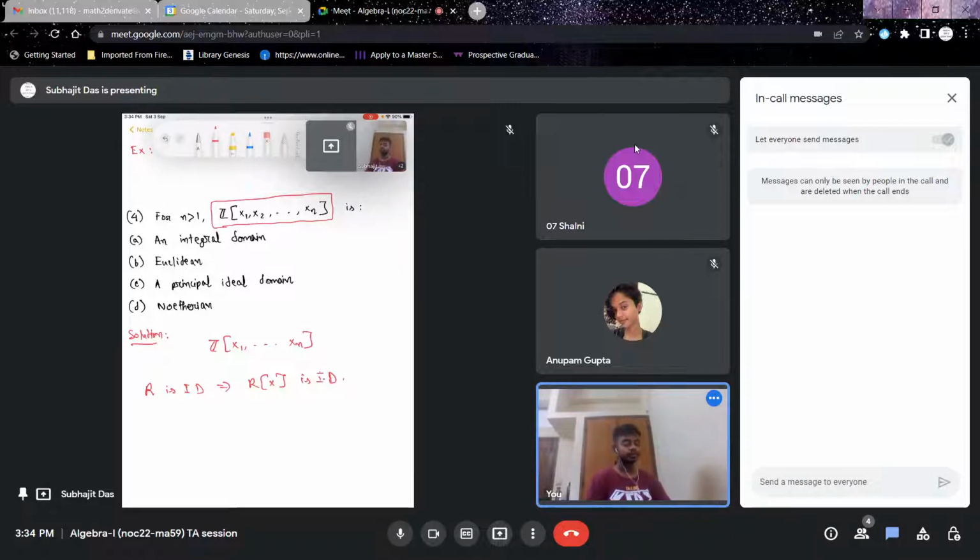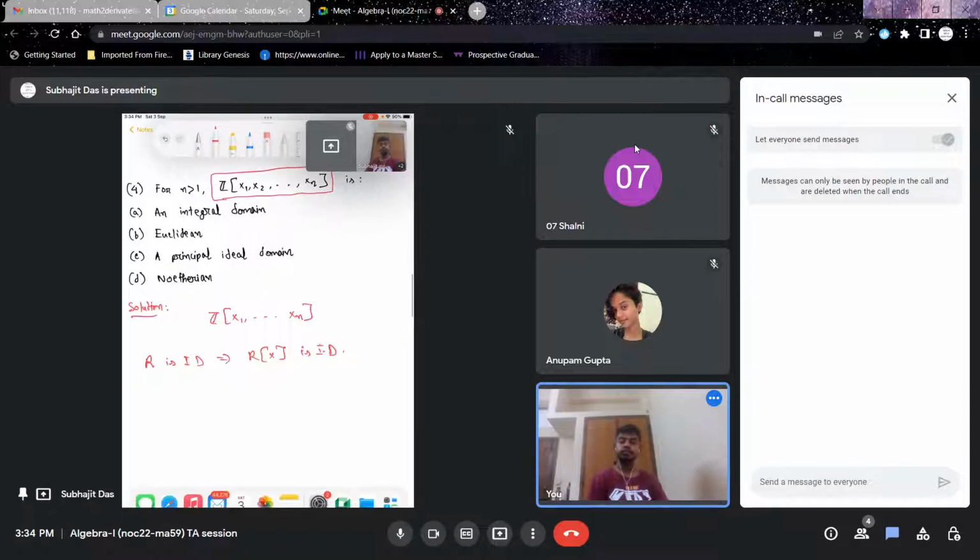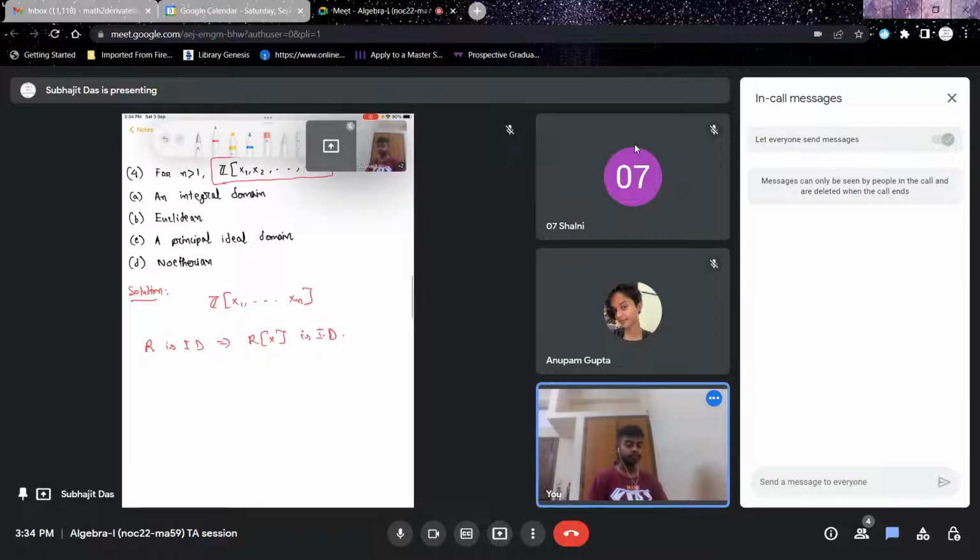What do you think? We know that if R is an ID, R[x] is an ID, right? Now can you write R[x,y] as a polynomial ring over R[x]? This is precisely the polynomial ring in y with coefficients from R[x], right?